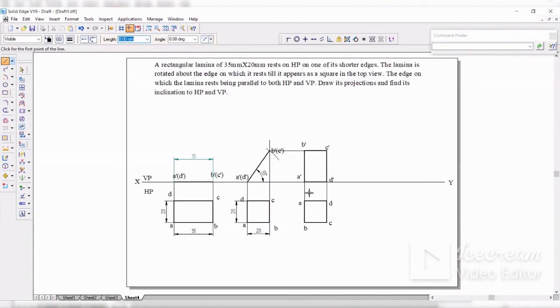Over. And the question: is the condition satisfied? Now the only thing pending is the inclination with VP. So for that I should draw the XY line, as you all know. So I will draw the X1 Y1 line now. Let me take this point. This is X1. This is Y1.